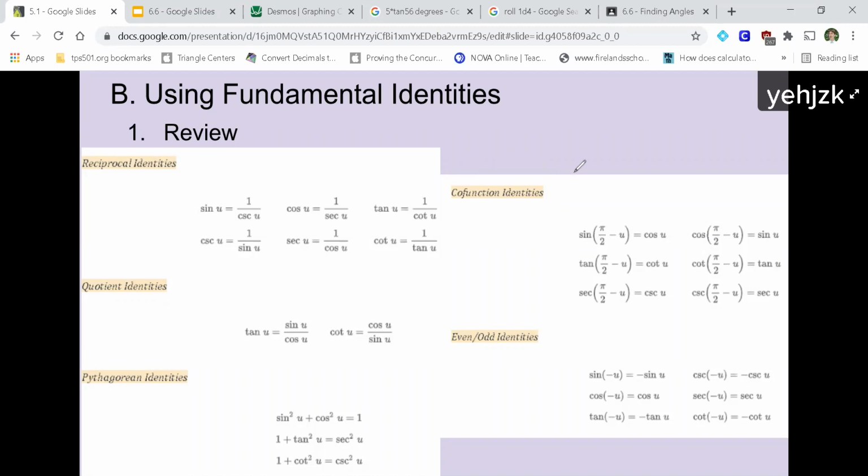Remember your cofunction identities: sine and cosine have the same graphs. They're just translated by pi over 2 radians or 90 degrees left or right of each other. That same relationship holds with tangent and cotangent and secant and cosecant.